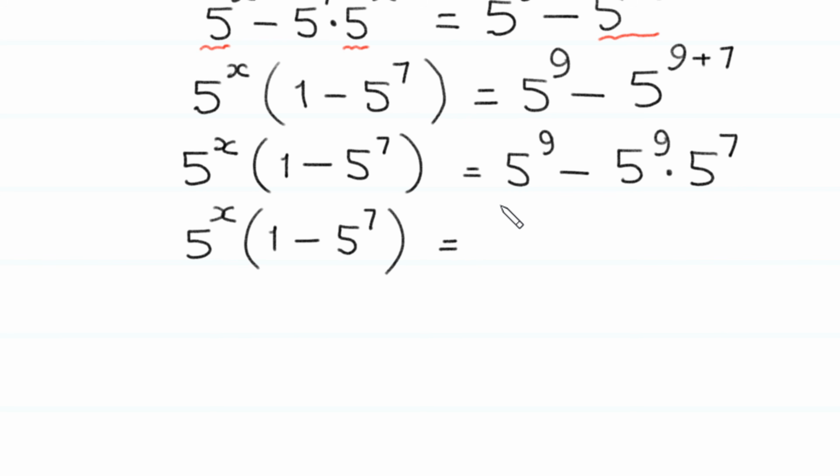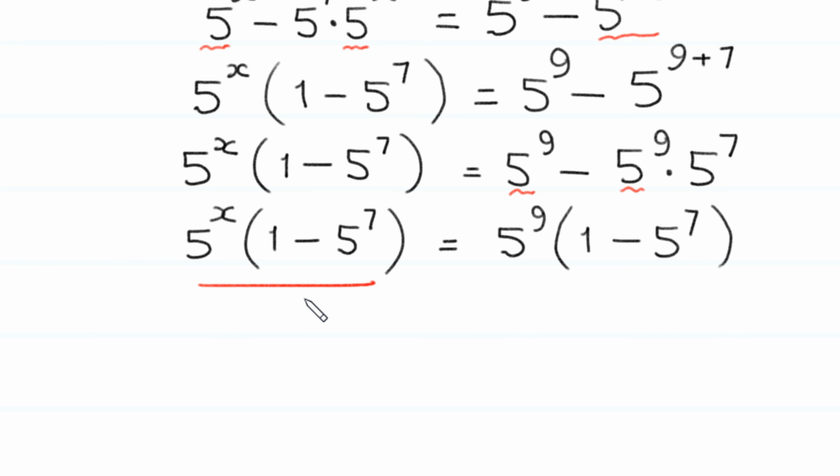Next, 5^x times (1 minus 5^7) is equal to, now from here we can factor out 5^9: 5^9 times (1 minus 5^7). Now we divide both sides of this equation by 1 minus 5^7.